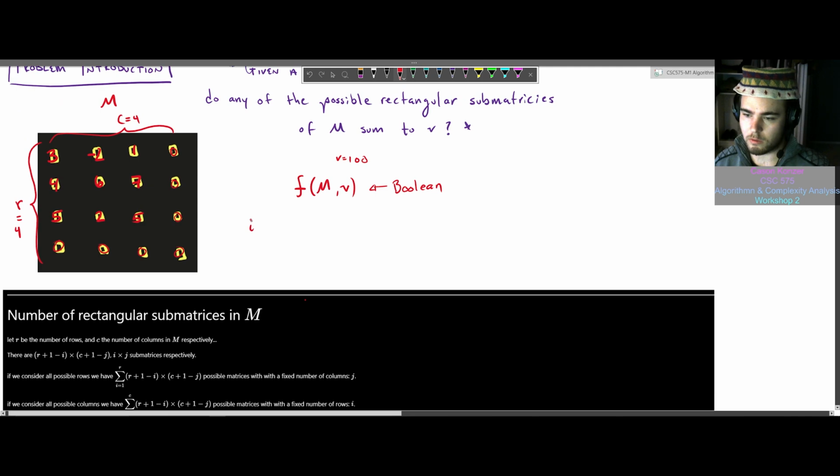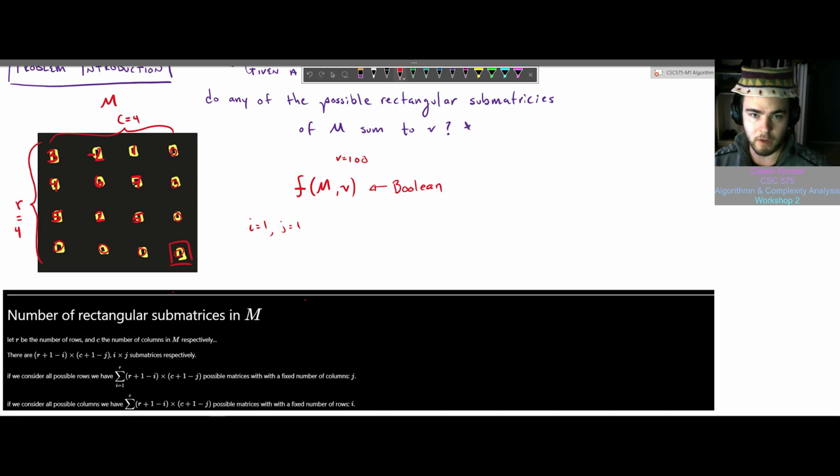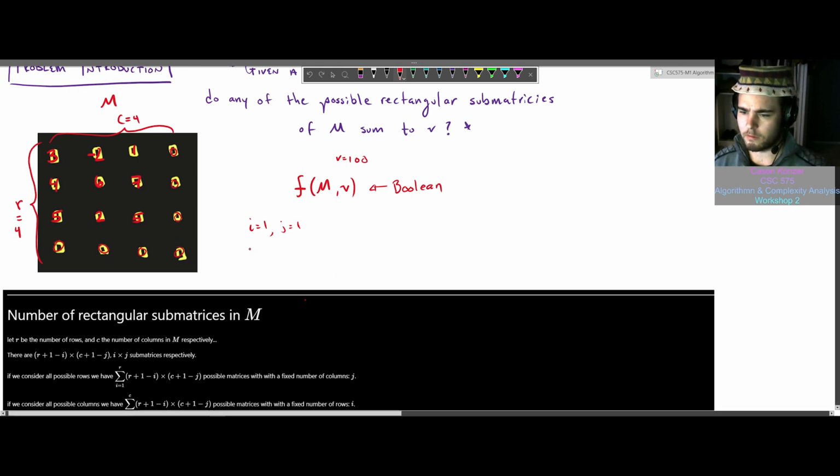So if I is equal to 1 and J is equal to 1, you're just considering 1 by 1 submatrices. These are the values within M themselves. And for illustrative purposes, we'll consider, say, I equal to 3 and J equal to 2.